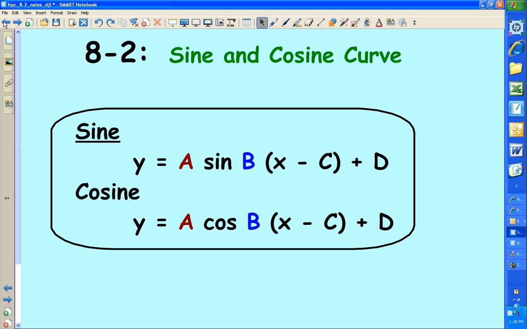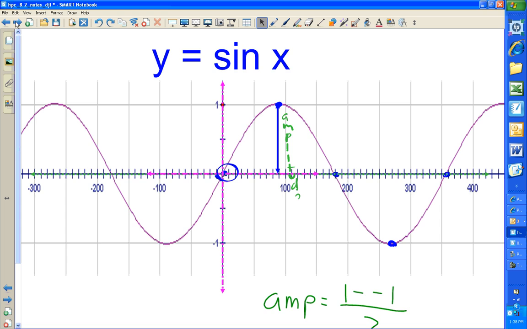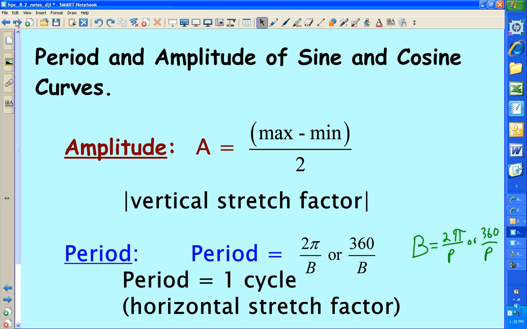You need to know what A is, and ultimately you'll need to know what C and D are. We'll get to those in a second. Right now, if I give you the function, you can find the period with this equation. If you take this equation and solve for B, you get those. You only have to know one of them and then switch B and P. That's all you're doing. Makes it easier.